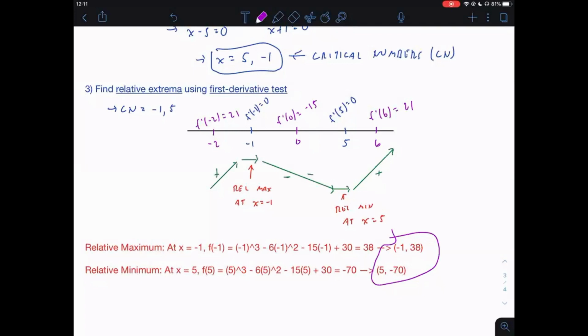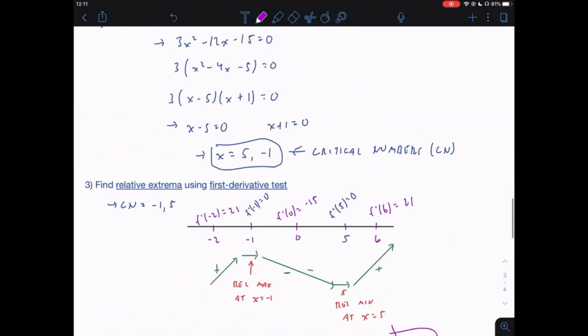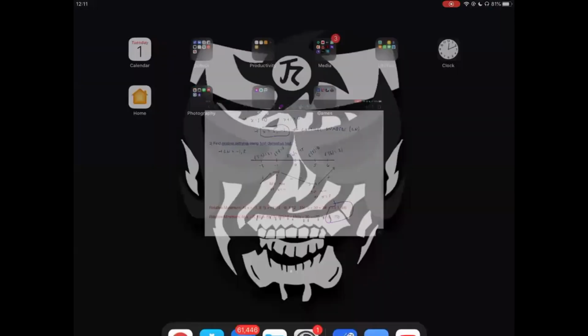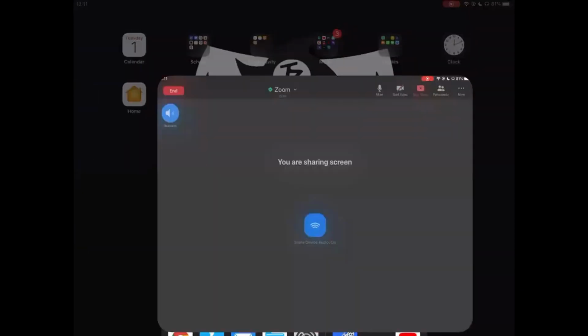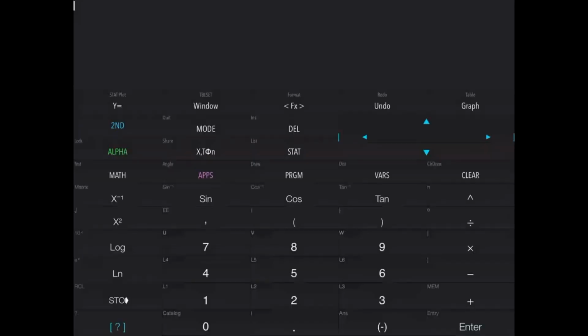So there we have found the relative extrema of this cubic function. All right. Let's see if we can visualize this. Let's go to our calculators and visualize this here. Okay, there's a graphing calculator. Let's set up our equation here.